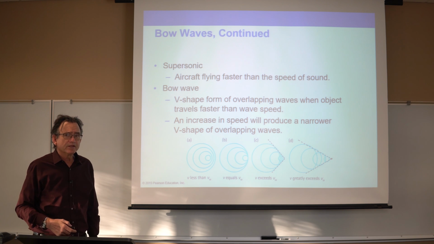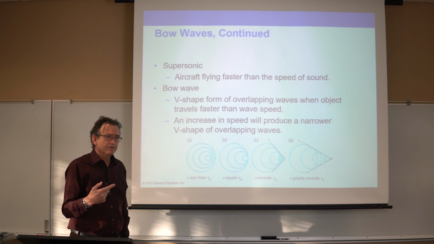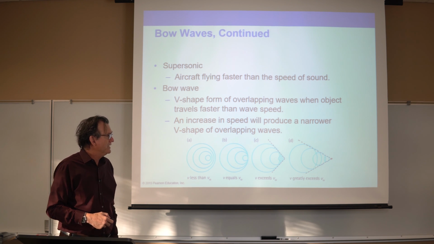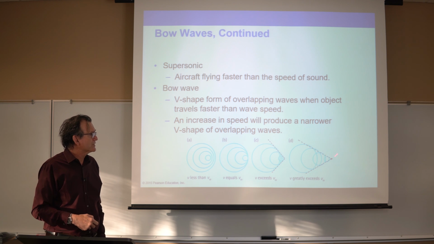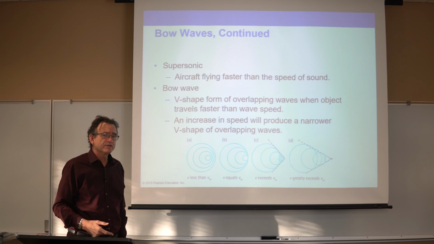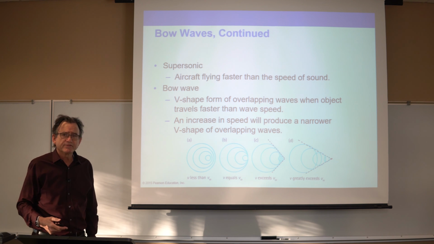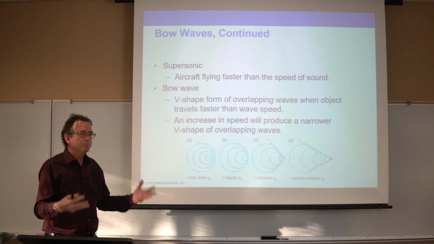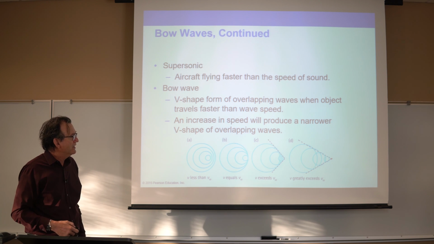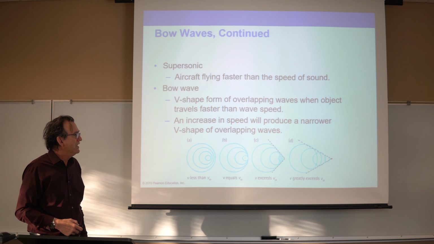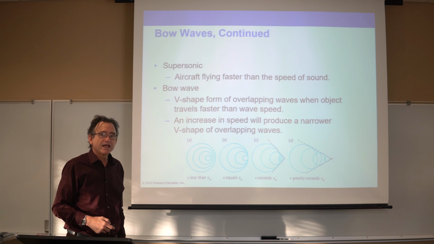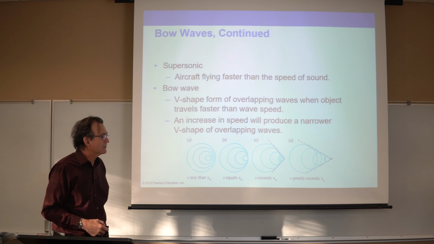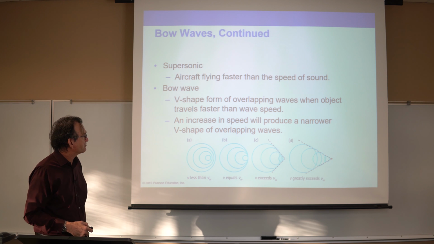And anyone that has been in the path of a shock wave, or has experienced an aircraft, which is usually a military aircraft, going faster than the speed of sound, which is approximately 750 miles per hour, will hear a very loud boom that is almost ear-deafening. For that reason, supersonic flights are not allowed over the continental U.S. because it creates a very large sound disturbance on the ground.